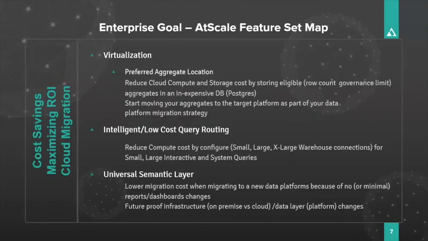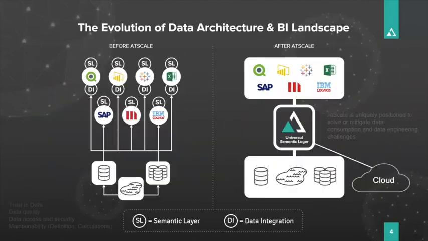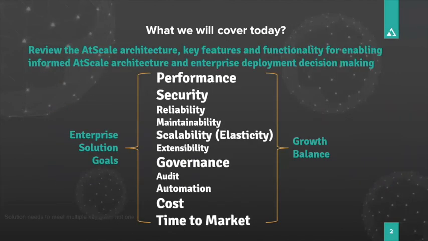So if I go back to my first slide as we are wrapping up this conversation, as you can see, AtScale is actually allowing you to meet quite a few of the enterprise goals you may have in mind when you're thinking about deploying AtScale, or when you're thinking about how you deal with the changing data and BI landscape, right? AtScale allows you to get performance.